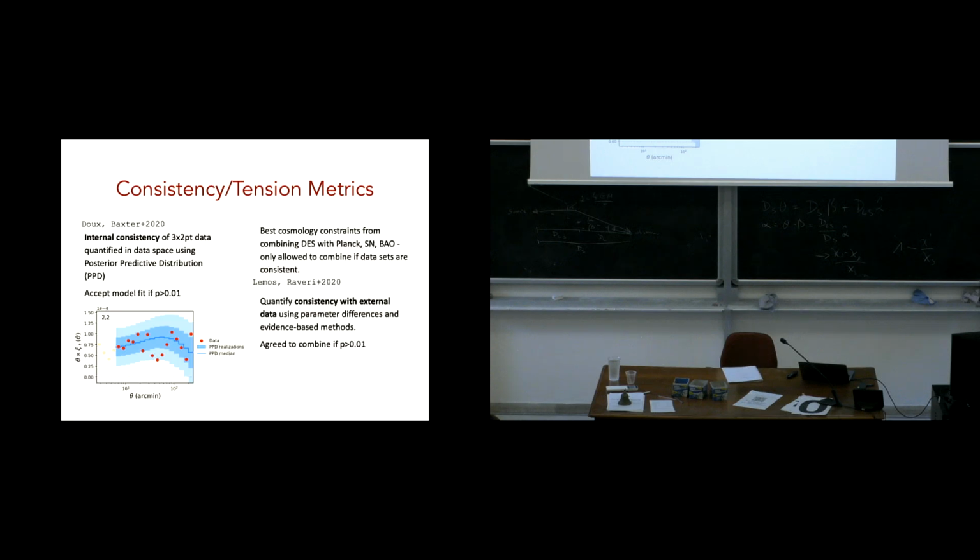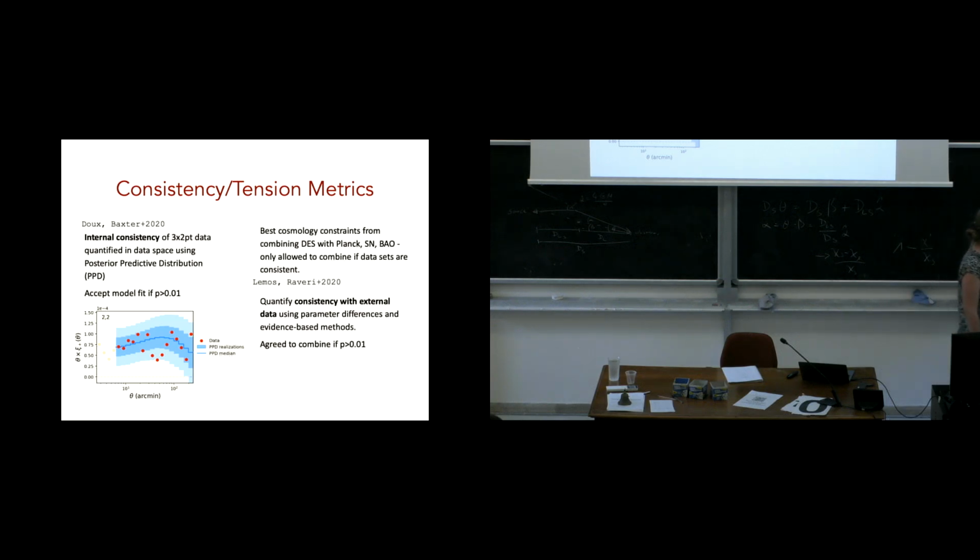So within DES, to check the goodness of a particular fit, say in the cosmic shear only analysis, we of course have our data points and can look at the posterior predictive distribution from the fit to shear itself. And we also can use this to assess the consistency of different parts of the DES data.